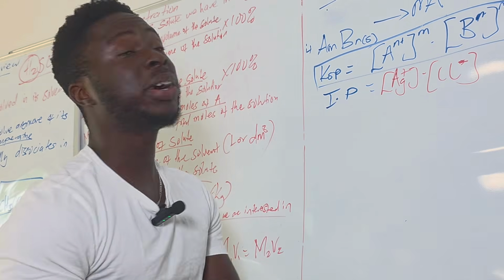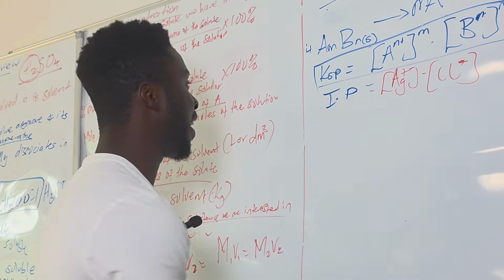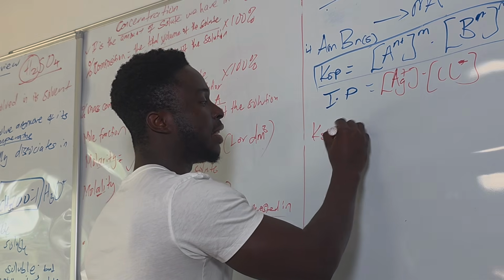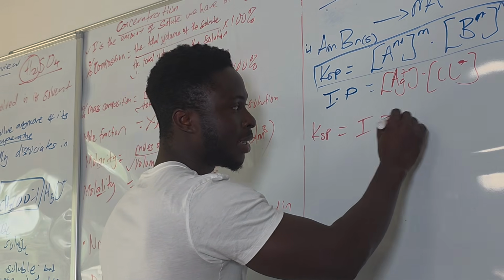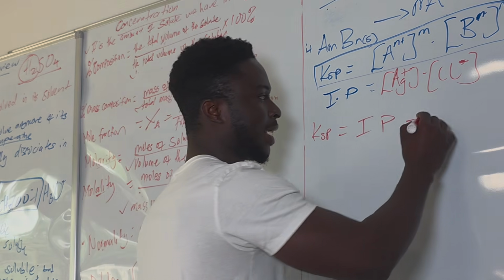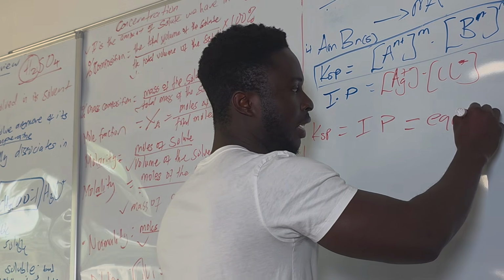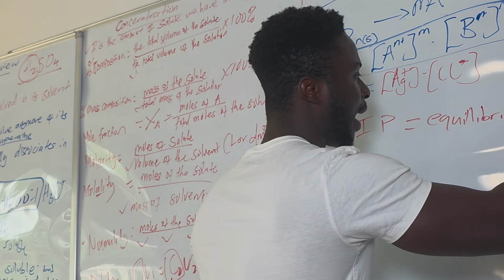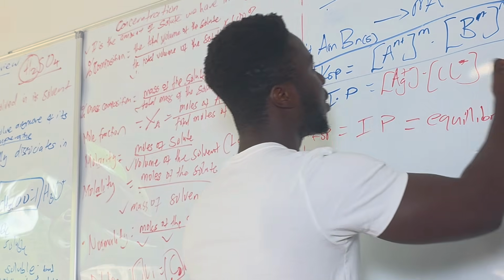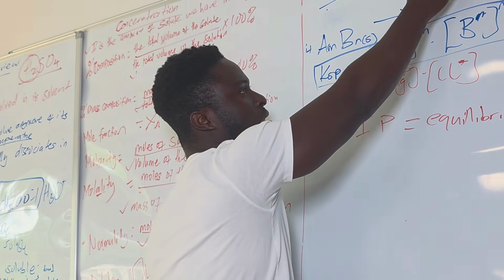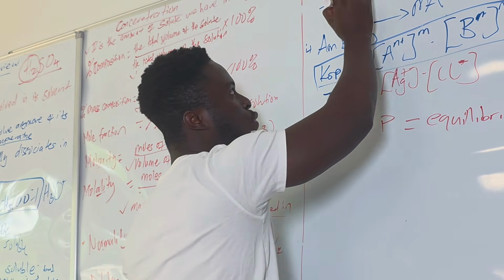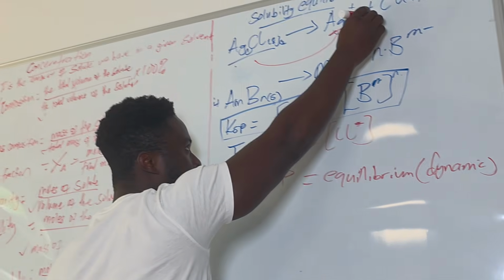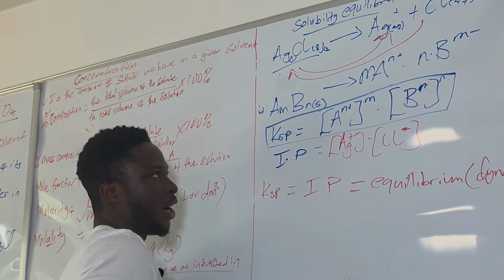But then, some preambles that you want to see: if the Ksp is equal to the ion product, the thing is at equilibrium. That means it is in a dynamic equilibrium. It means the reaction has reached a point whereby the rate with which silver chloride is dissociating into these ions is equal to the rate with which they are forming back into silver chloride.